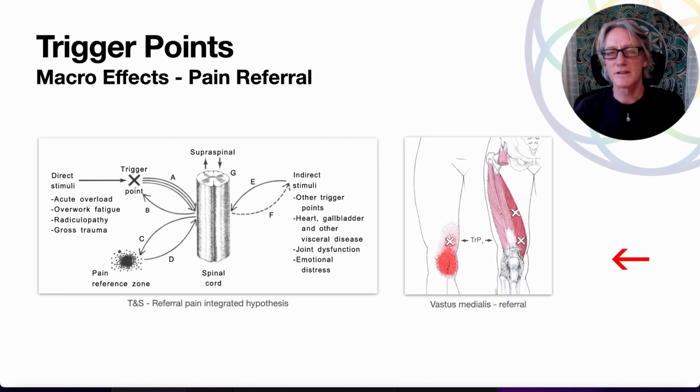Just as an example, here is a common muscle that causes medial knee pain. So here's where someone commonly will feel pain, the medial knee area, and there's no actual problem in the knee, but there are trigger point fibers, contracture fibers in the vastus medialis, and commonly in these areas here.